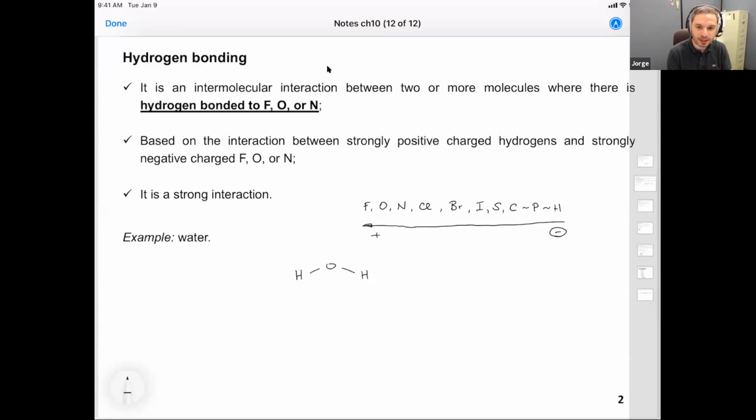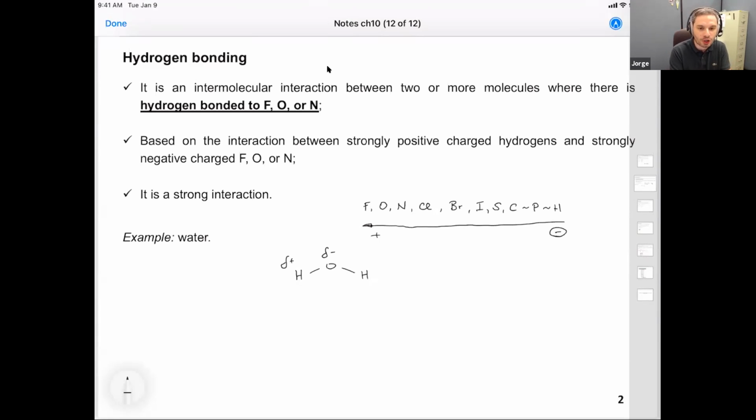Because the electronegativity difference between fluorine and hydrogen, oxygen and hydrogen, and nitrogen and hydrogen is really high, that means the oxygen atom bonded to the hydrogen is extremely negative, and this hydrogen is extremely positive.